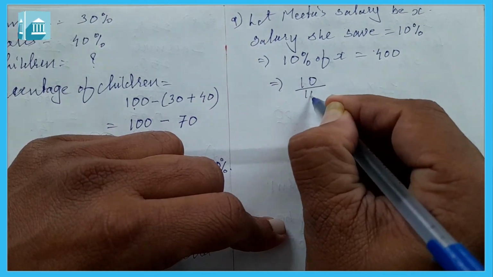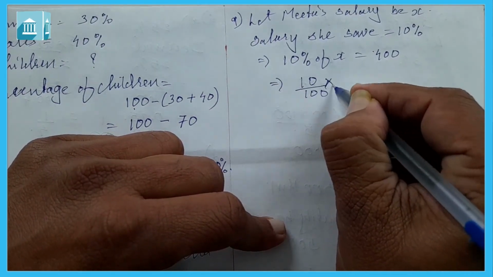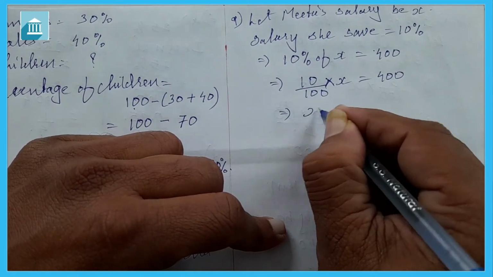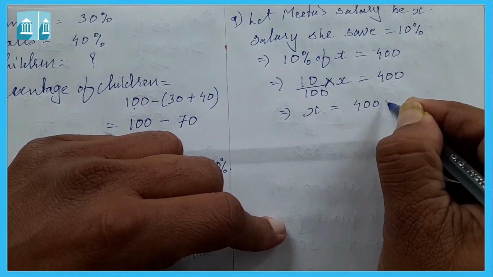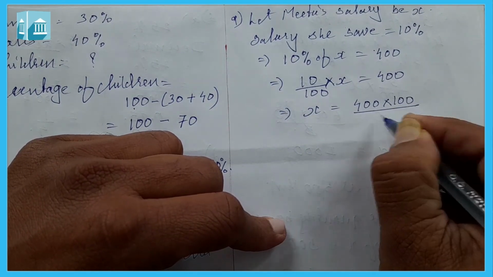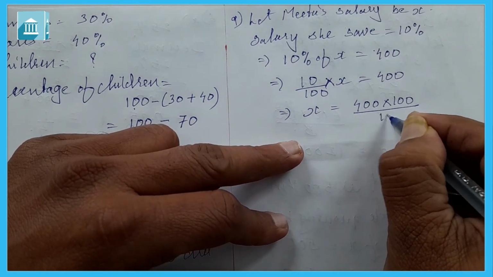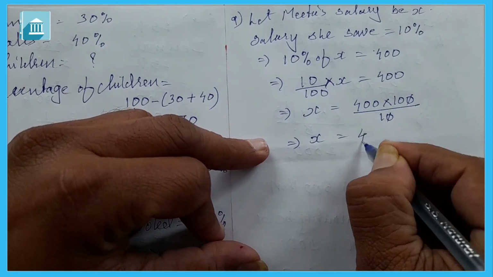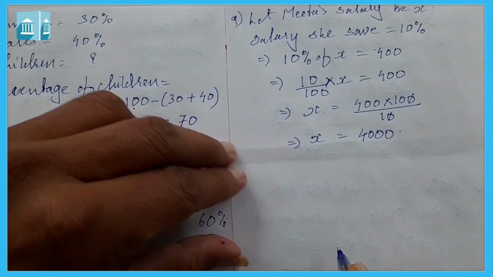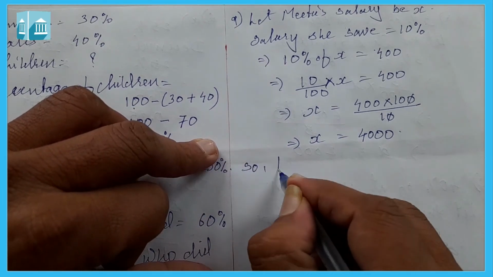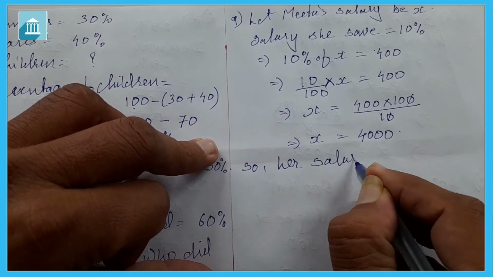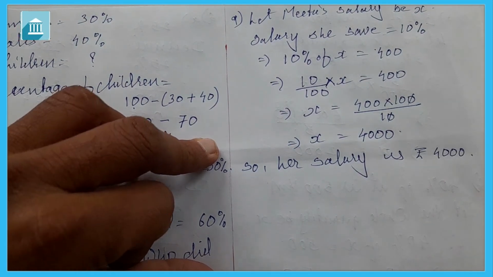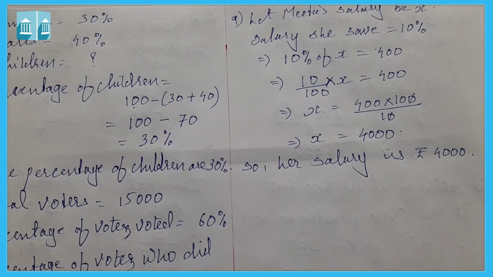So we imply that x is equal to 400 into 100 upon 10, 0 0 cut. So x is equal to 4000. So we can say that her salary is rupees 4000.